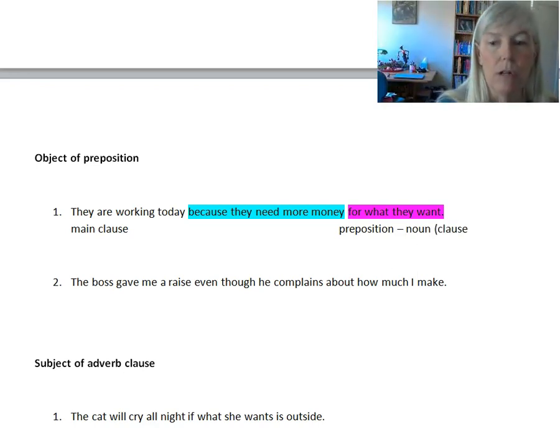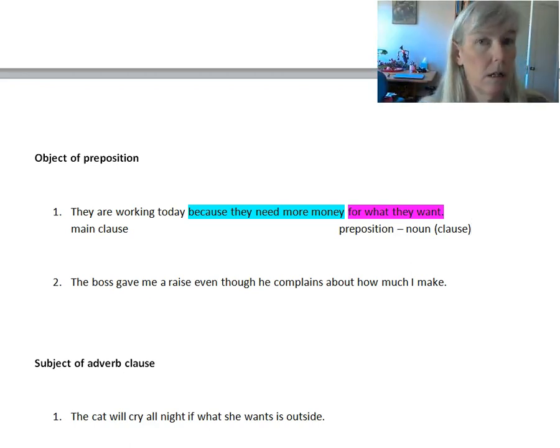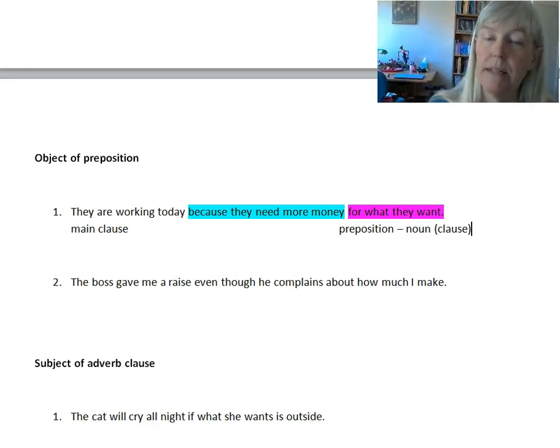So that noun is a clause. It's still a prepositional phrase. It's still for something, for lunch, for a house, for what they want. It's a noun because it's the object of a preposition. It's a clause because it has a subject and verb in it.